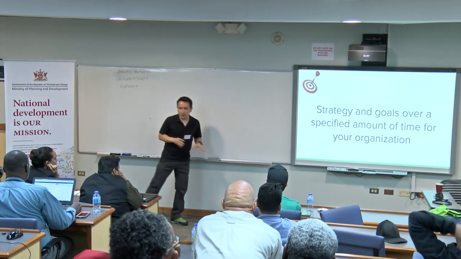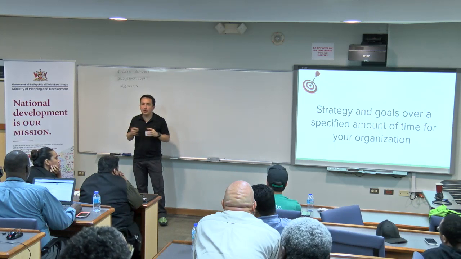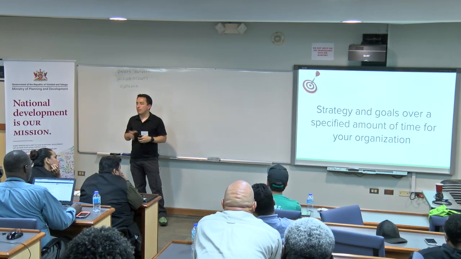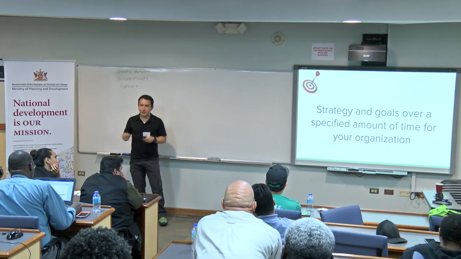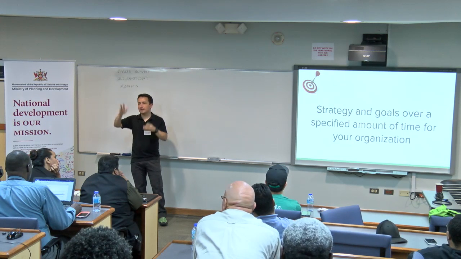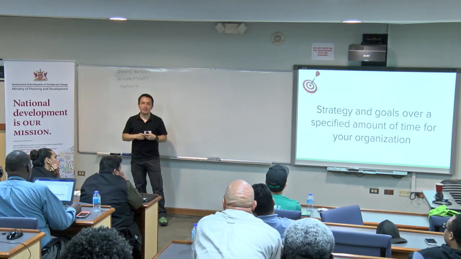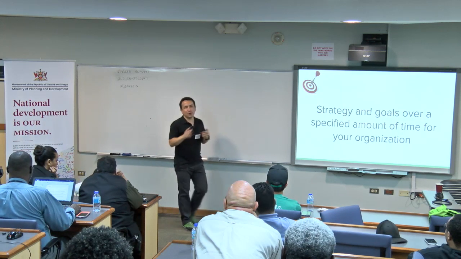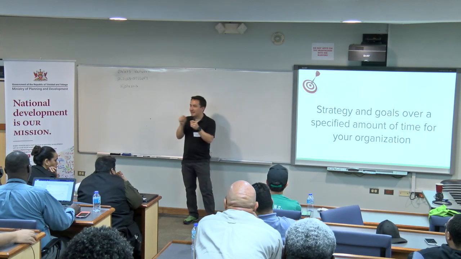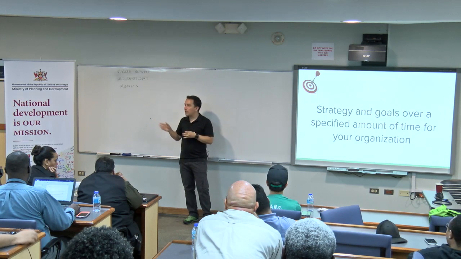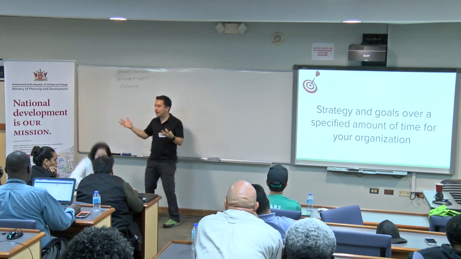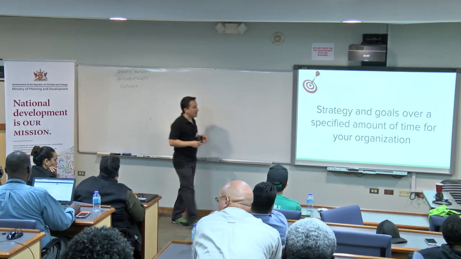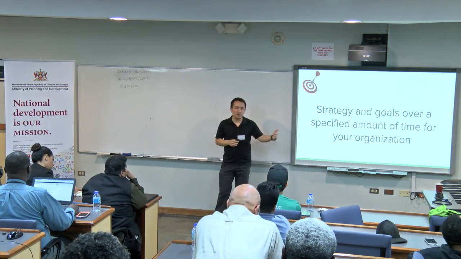Basically, this gives you 2 very simple but powerful things. One, accountability. You say, this is what I'm going to do. This is what my team is going to do. This is what we as a company are going to do. And if you don't do it, then you can understand what went wrong, where you failed, how you can get better.